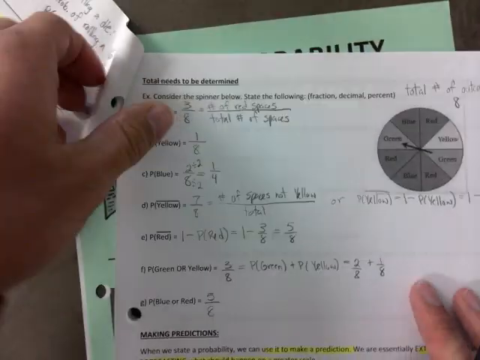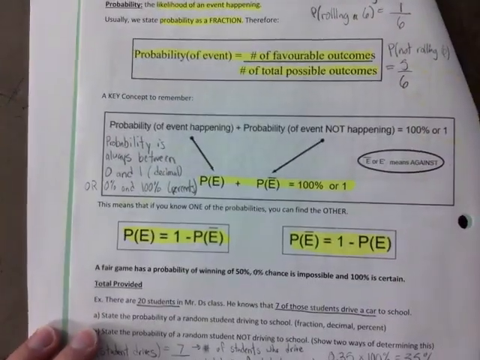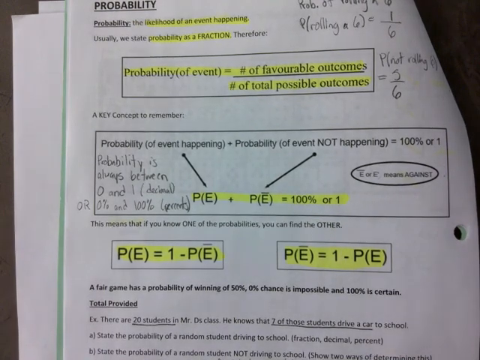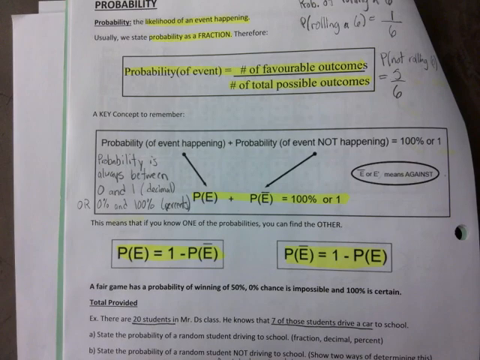And then we started actually talking about what probability is. Probability is the likelihood of an event happening. That event could be anything: drawing a certain type of card from a deck, the probability of winning the lottery, the probability of winning at any game.